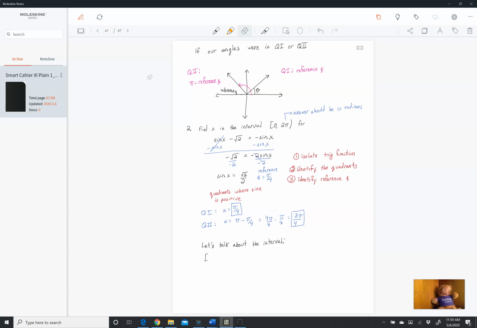So the first thing is 0 to 2 pi says your answer should be in radians, and you're only looking at one rotation around the circle.